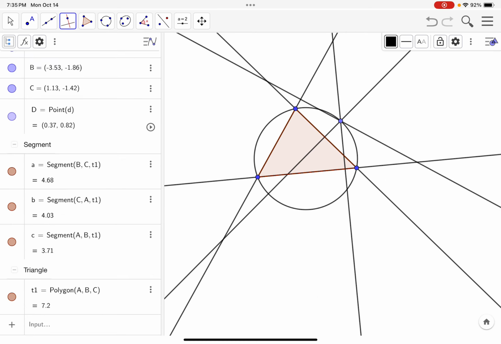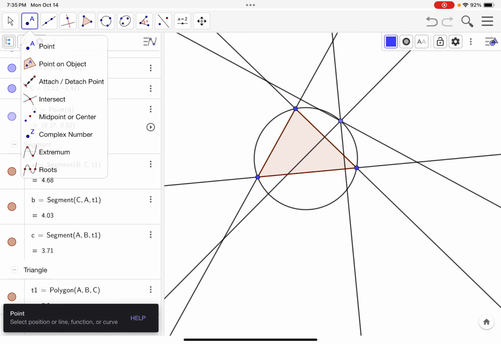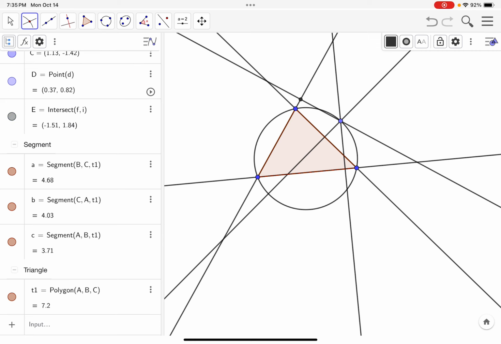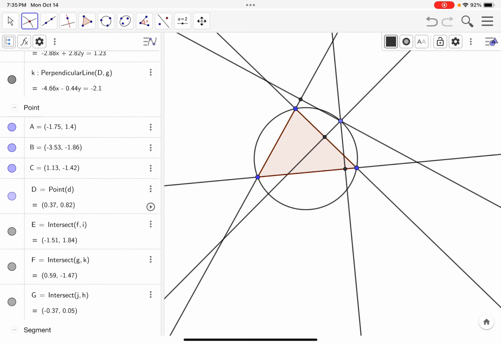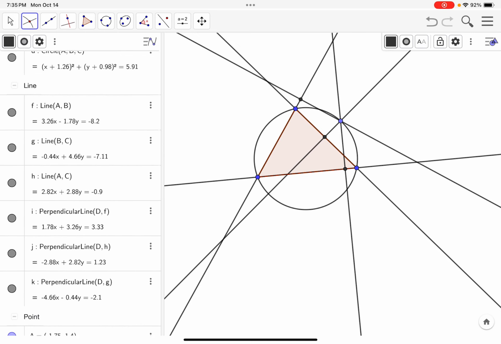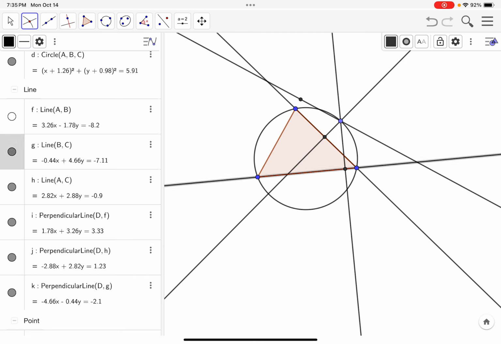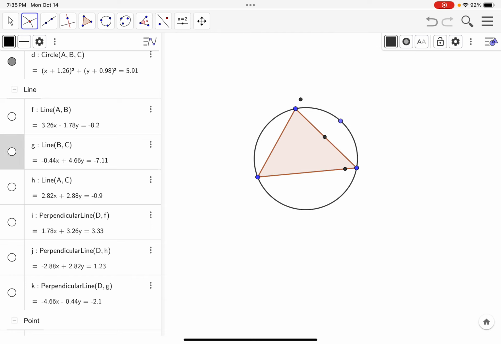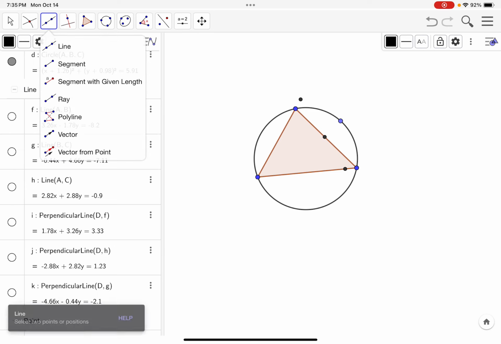Okay, we can then construct the intersections of these 2, the intersections of these 2, and the intersection of these 2. Lots going on here in the drawing when you do this, so it's nice to get rid of a few things. I think that's our Simpson line then.